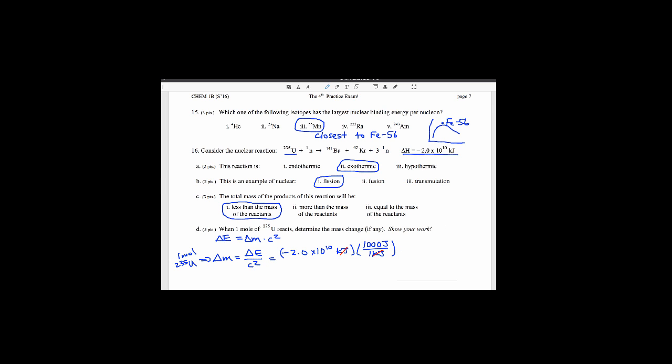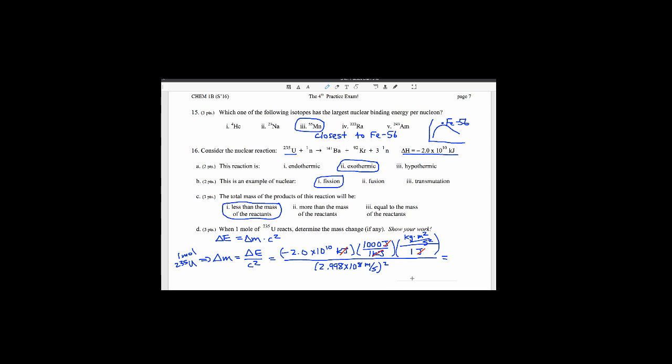And the reason for doing this is because 1 joule is the same as 1 kilogram meter squared per second squared. And we're doing that because what we do with the delta E is we divide it by c squared, which is 2.998 times 10 to the 8th meters per second, squared.